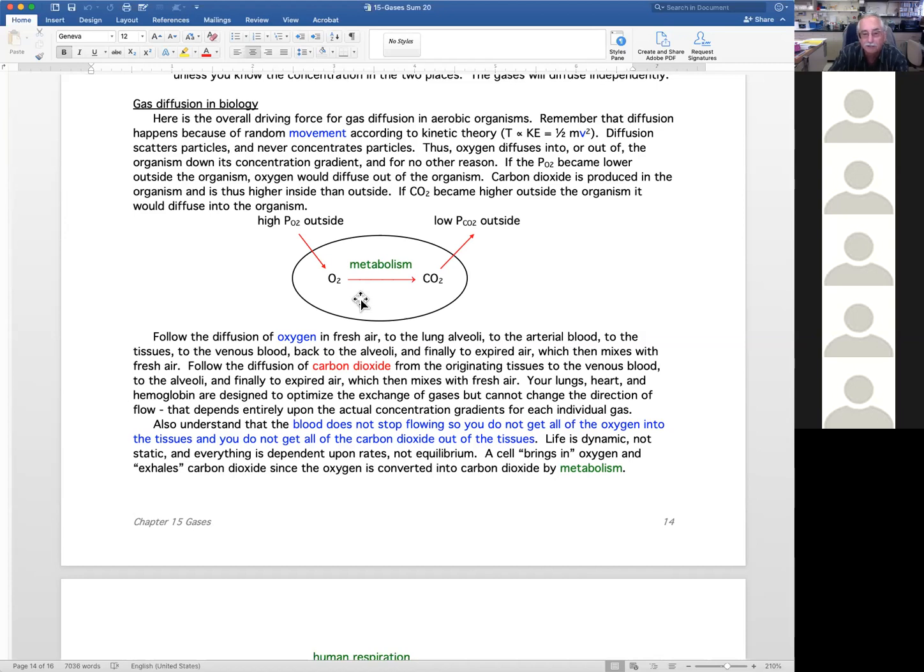But it wouldn't happen unless it was high out here and lower inside of us. And then during the process of metabolism, we breathe in oxygen, we convert it into CO2. That's why oxygen keeps coming down its concentration gradient. But then we're producing carbon dioxide, and it's higher in us than it is outside, which is why it now leaves our bodies when we exhale.